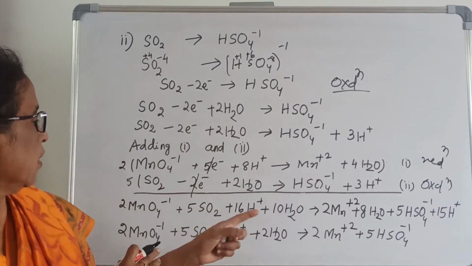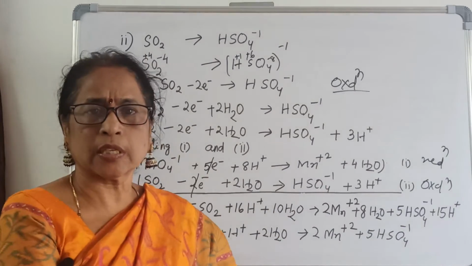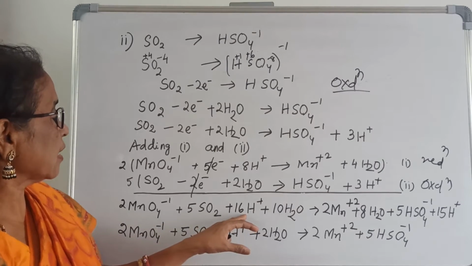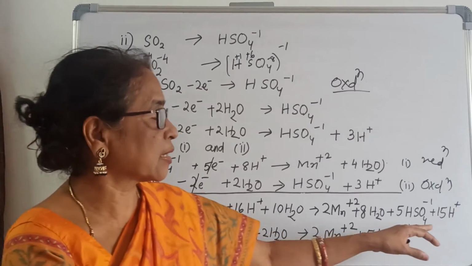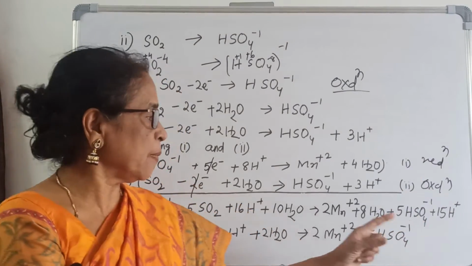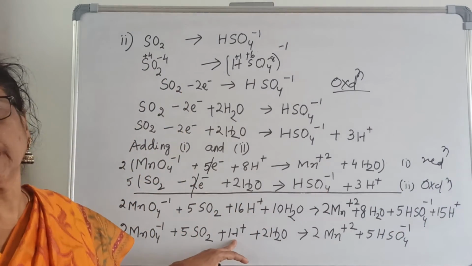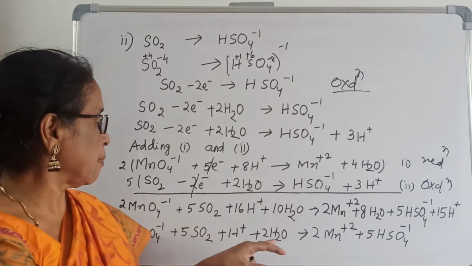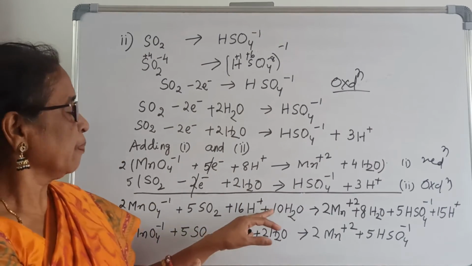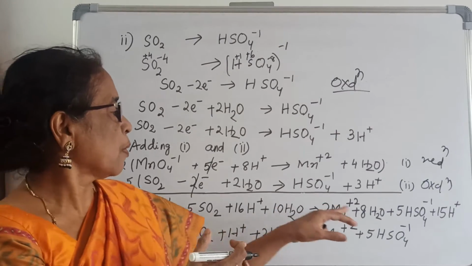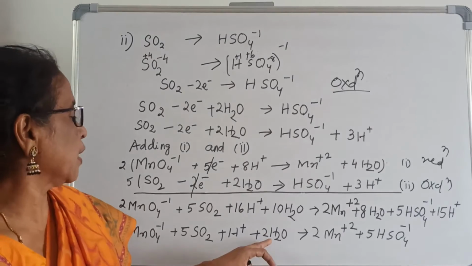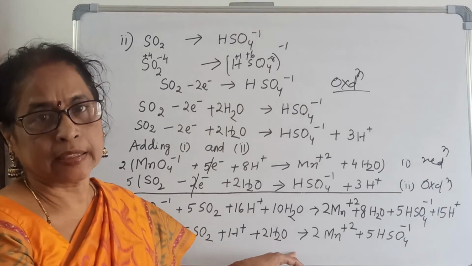You can check that water and H plus ions are on both sides. On the reactant side there are 16 H plus and on the product side 15 H plus. That means 1 H plus remains on the reactant side after cancelling. Similarly, the reactant side has 10 H2O and the product side 8 H2O, so 8 H2O cancel and 2 H2O remain on the reactant side.